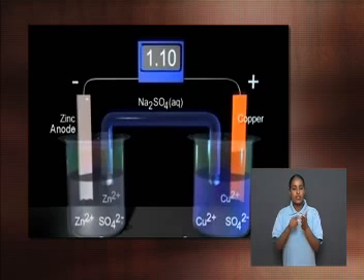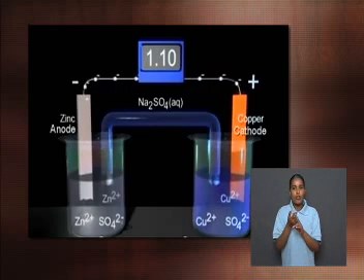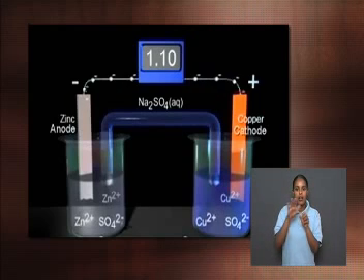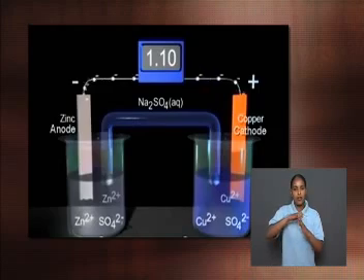This potential difference causes electrons to flow through the external circuit from the negative terminal, the anode, to the positive terminal, the cathode. The energy of the moving electrons overcomes the resistance in the external circuit.